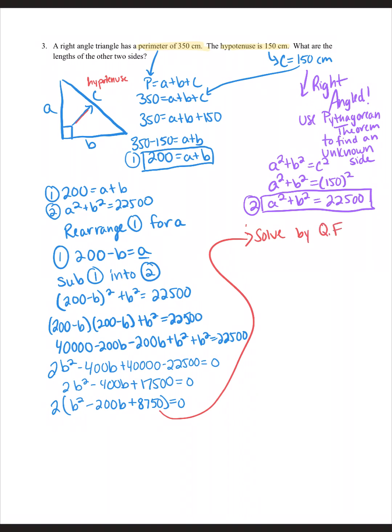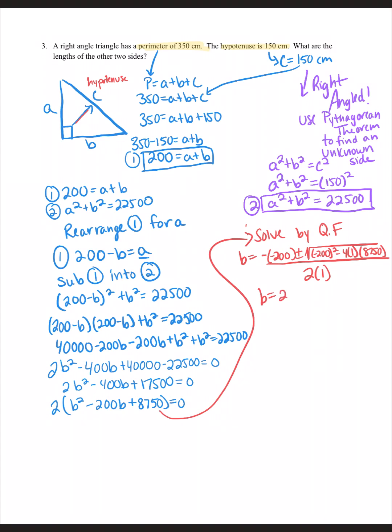Okay, so x, or not x actually, in this case we're dealing with b. So we'll say b equals negative negative 200 plus or minus the square root of negative 200 squared minus 4 times a, which is 1, times c, which is 8750. All of that's going to be over 2a.